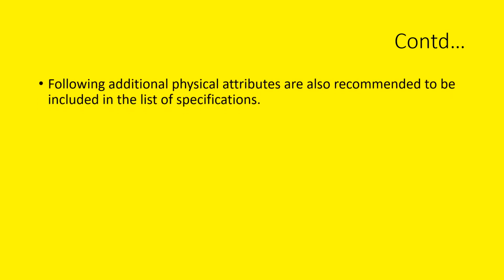There are some physical attributes to be included in the specifications. So, following additional physical attributes are also recommended to be included in the list of specifications. Description, odor, texture. Description is also referred as appearance. It is very important to check USP 631 for this test.